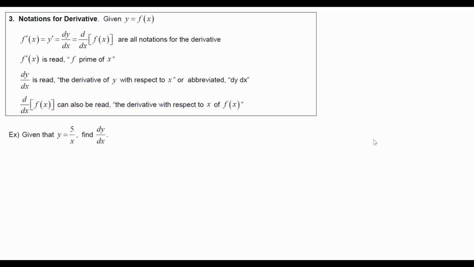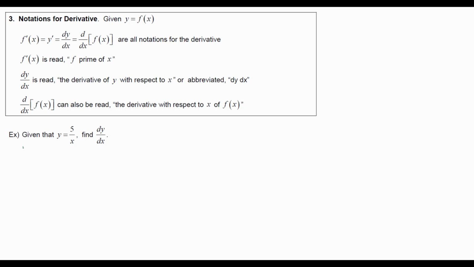Example: given that y equals 5 over x, find the derivative of y with respect to x. You can just say dy dx, and we will understand that to be the derivative of y with respect to x. So let's find dy dx using the definition of derivative as we just learned.